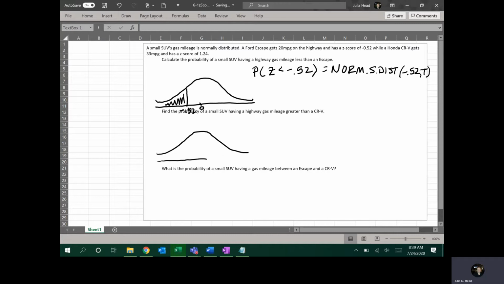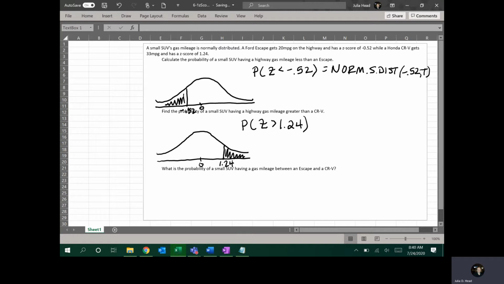So part B also gets a picture. The probability of an SUV having gas mileage greater than, so I'm going to shade to the right, a CRV. And a CRV has a z-score of 1.24. So over there. It is a dist question, so we're going to use our probability notation.